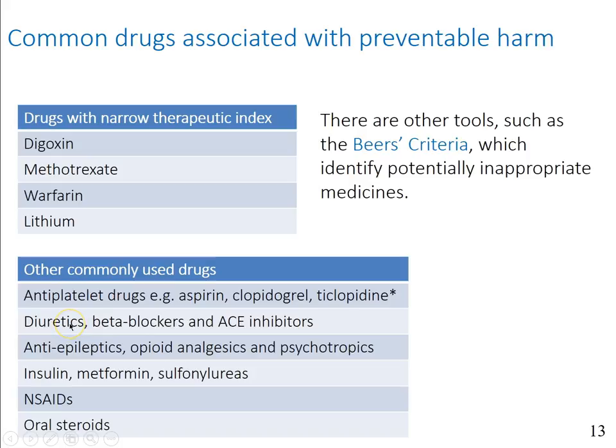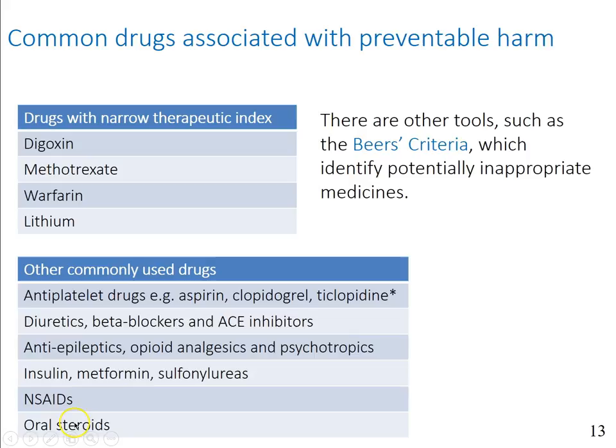Diuretics, if not appropriate, can cause incontinence, electrolyte disturbance and falls. Beta blockers can cause fatigue and tiredness and other problems. ACE inhibitors in patients with renal impairment are problematic. And clearly, anti-epileptics, opioid analgesics, and psychotropics should be prescribed with caution.